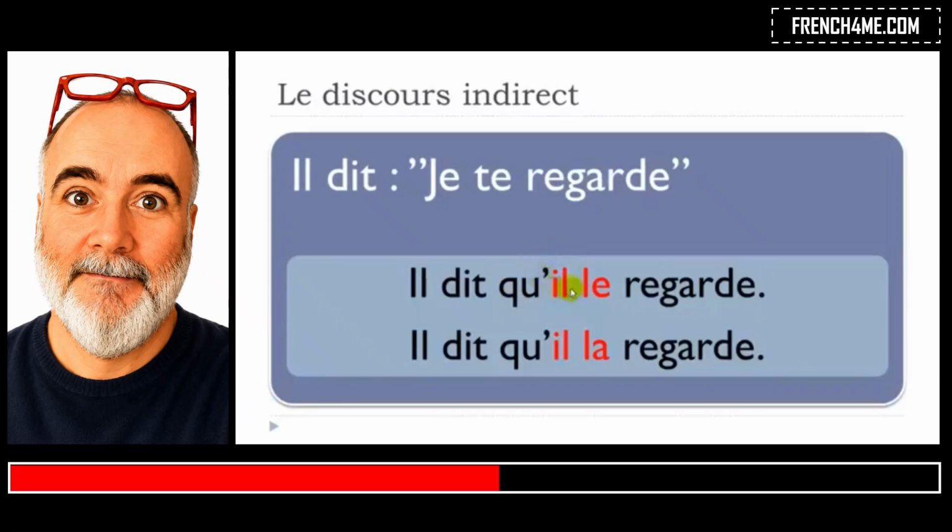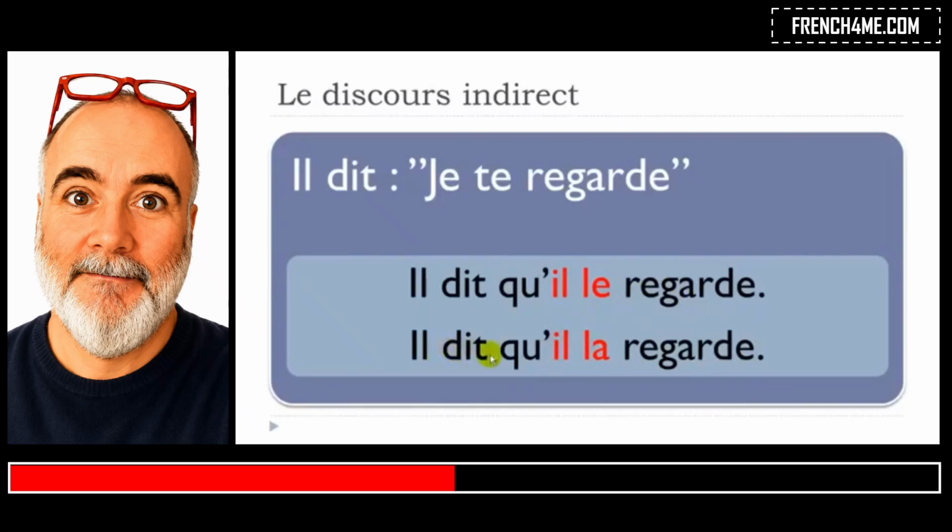This il is the je that you modify according to il here, so it must be the same. And then it can be le if the person is masculine, so if he's looking at another person who is a man or a boy, in that case it should be le. Il le regarde.